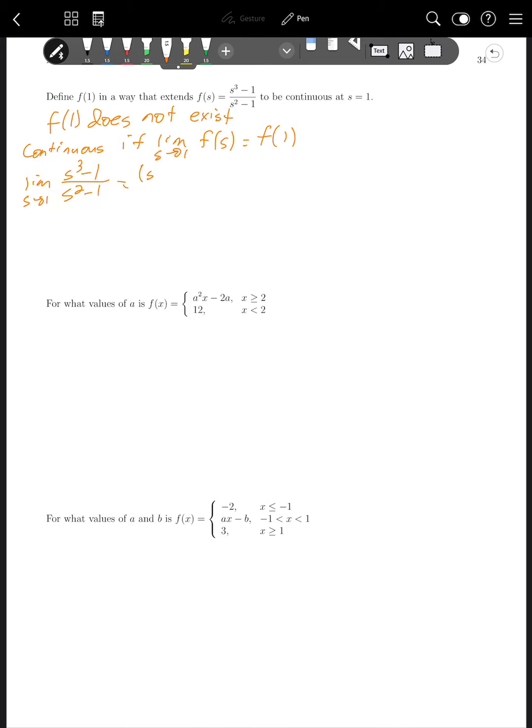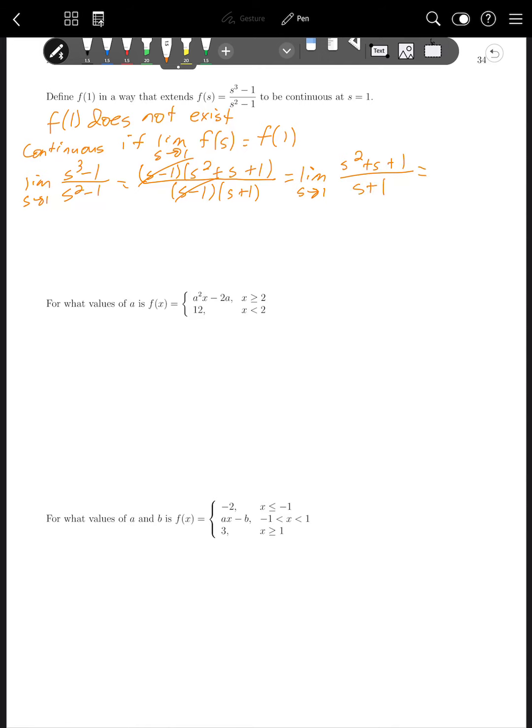So the top factors as s minus 1 times s squared plus s plus 1. And the denominator factors as s minus 1 times s plus 1. Right, that's the difference of cubes on top is how we factored that, and difference of squares on the bottom. Cancel out the common factors, and so we get the limit as s approaches 1 of s squared plus s plus 1 over s plus 1.